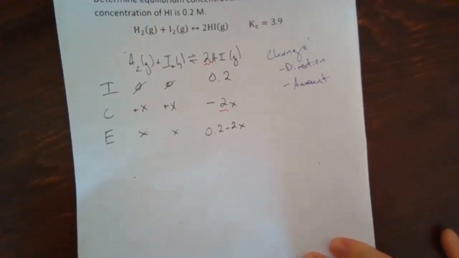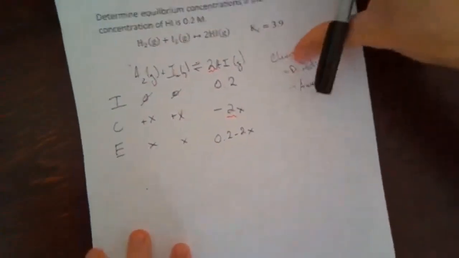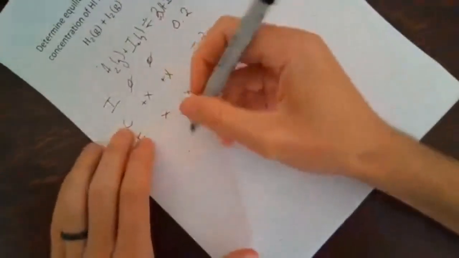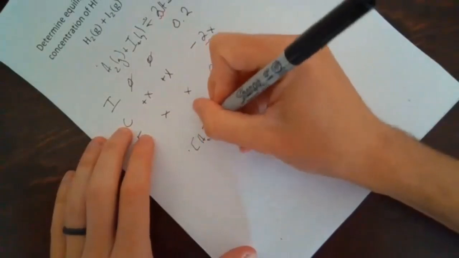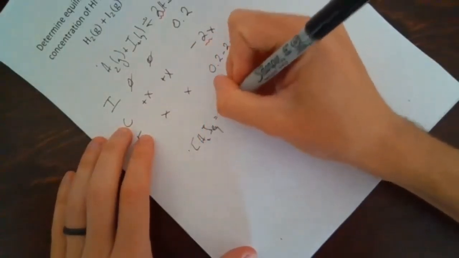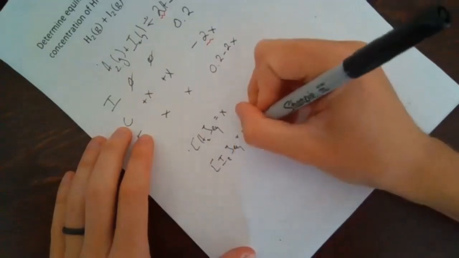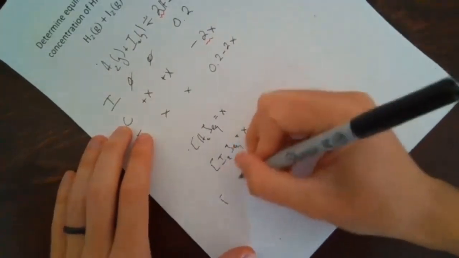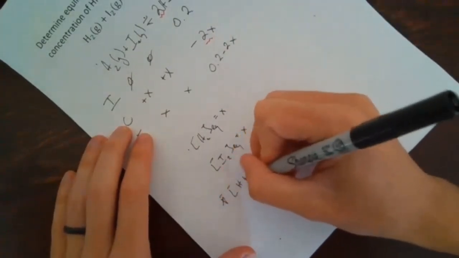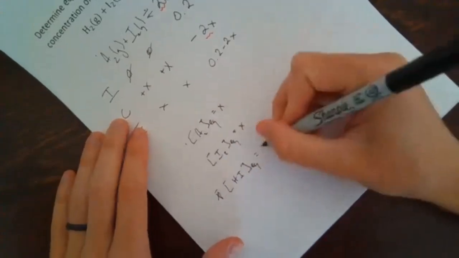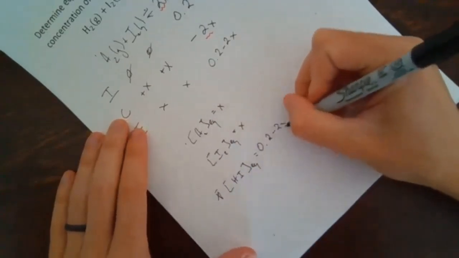So this is the ICE table. The whole point of the ICE table is it now gives us this relationship that tells us that the concentration of H2 at equilibrium is going to be x. The concentration of I2 at equilibrium is just going to be equal to x. And the concentration of HI at equilibrium would be 0.2 minus 2x.